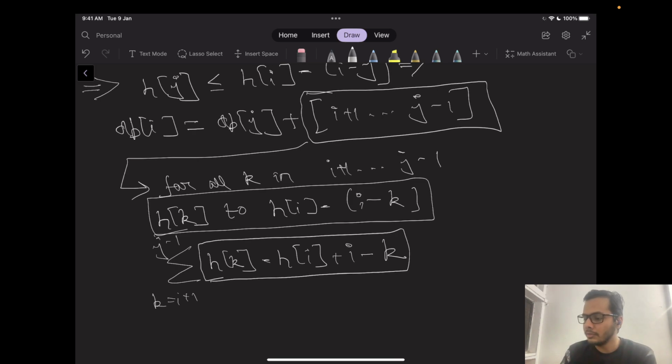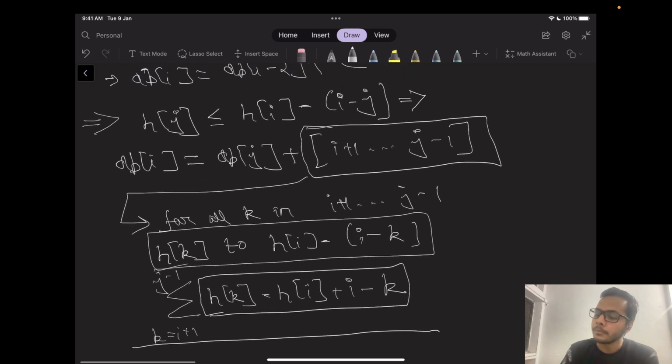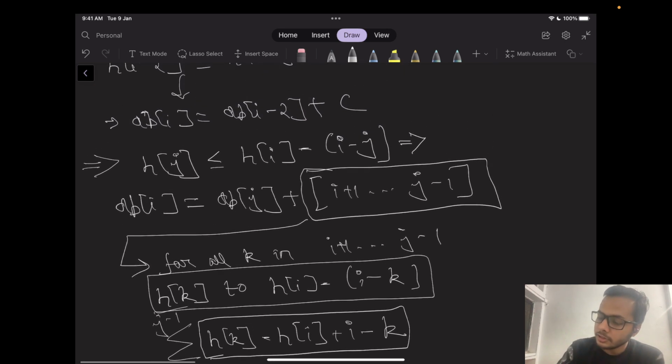So this is pretty easy. What you can do is store some prefix sums of h i minus i. Then you can use those prefix sums to calculate this cost in O(n) time. I hope this is clear. The main challenge is to find this j. You need to find the first j smaller than i such that h of j is smaller than or equal to h of i minus j.